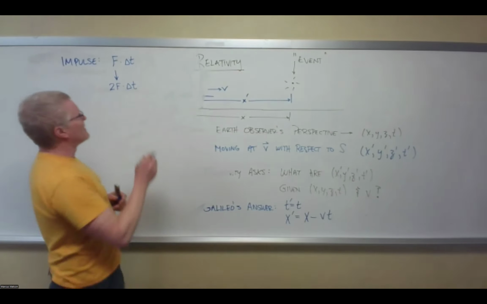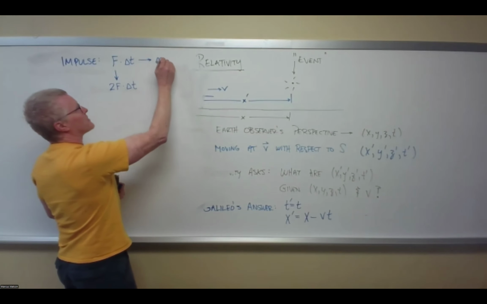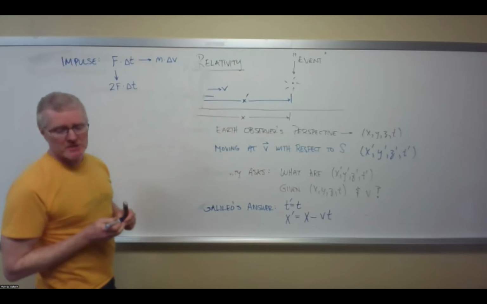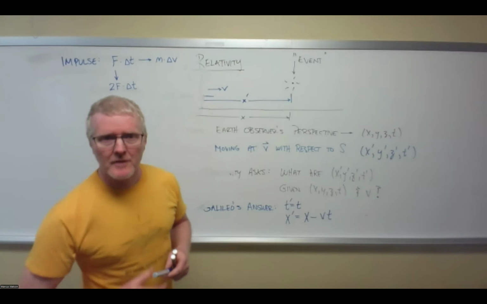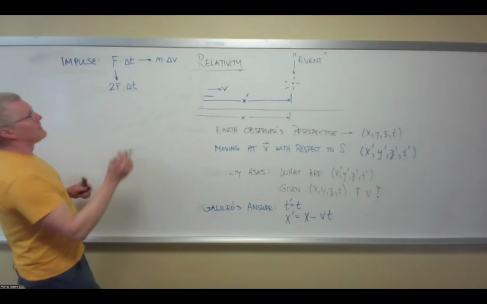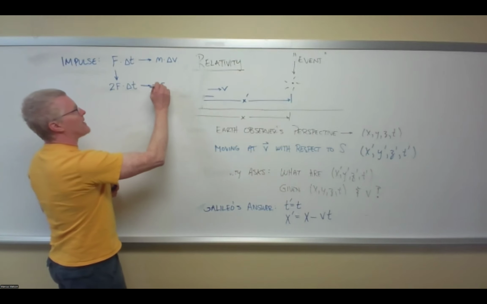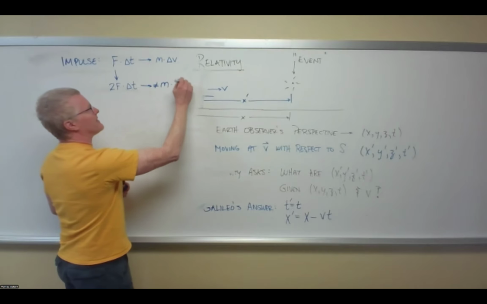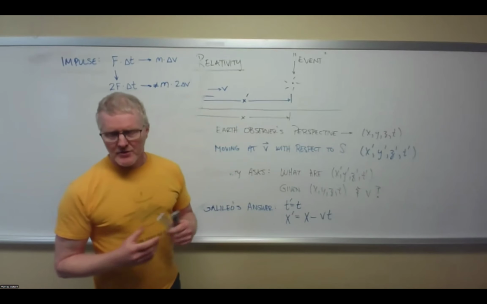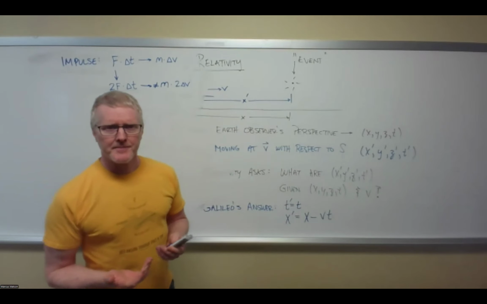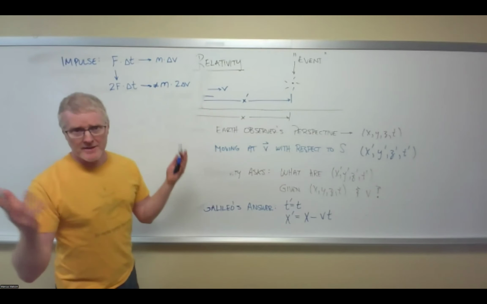But the result of this was a mass of the electron times delta v, which is the change in the speed of the electron. But this does not equal m times 2 delta v. They found out that this is not the case. And so this is somewhat problematic. Why shouldn't double the voltage give you double the speed, starting from rest?